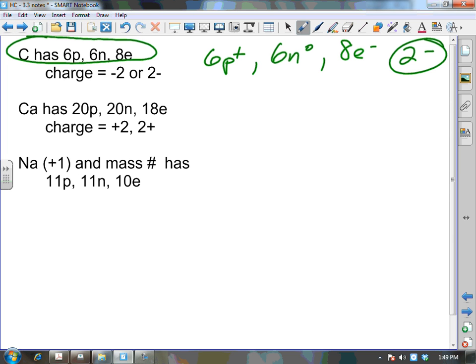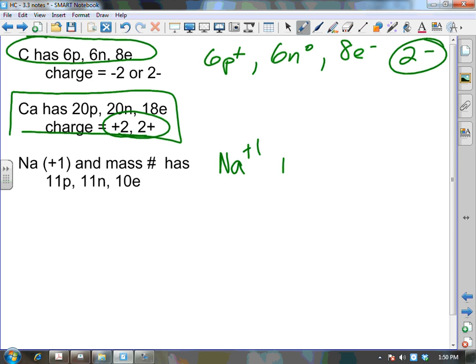Let's say an atom of calcium has 20 protons, 20 neutrons, and 18 electrons. It has an overall charge of +2 because there are 2 more pluses than minuses. And the third example, let's say we have a sodium +1 ion. That means there is one more proton than electron.